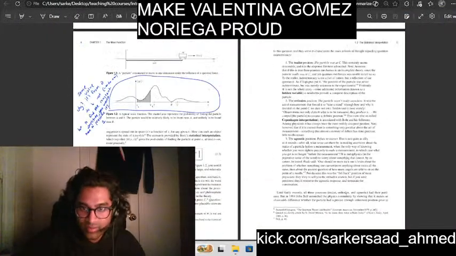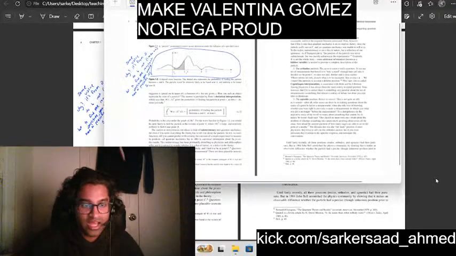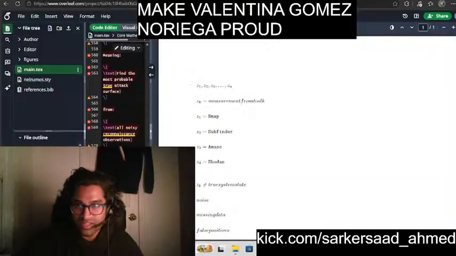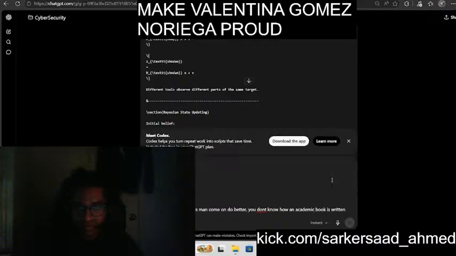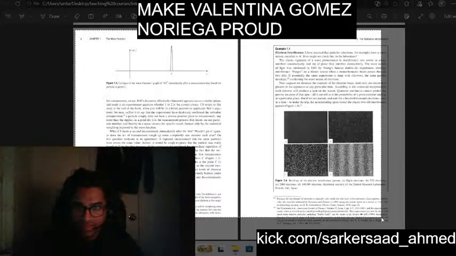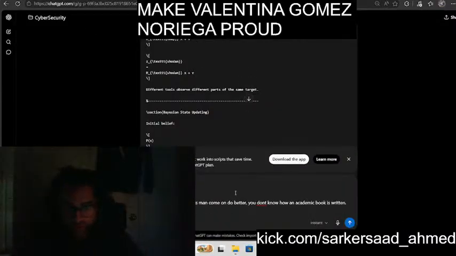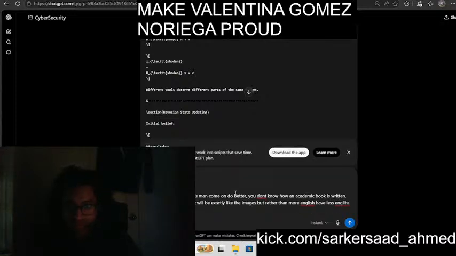So let's say, for example, here you see more English, right? You see so many words and stuff like that. I don't want that. Come on. So the structure of the book will be formal, exactly like the images, but rather than more English, have less English and more maths.